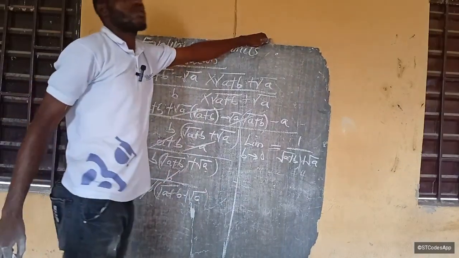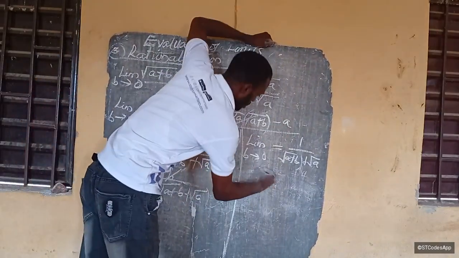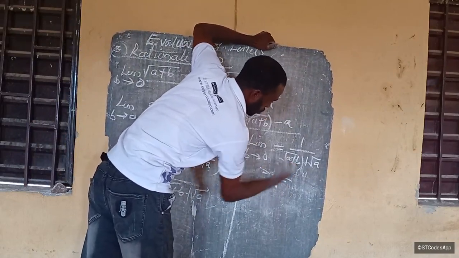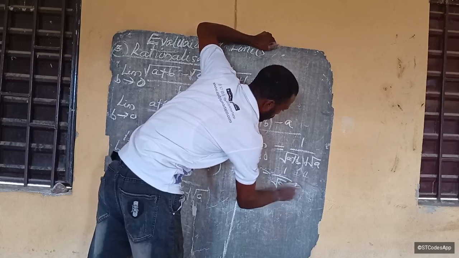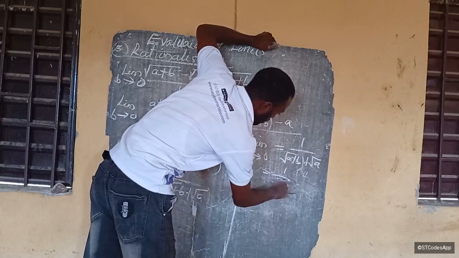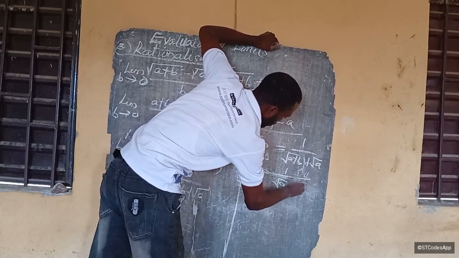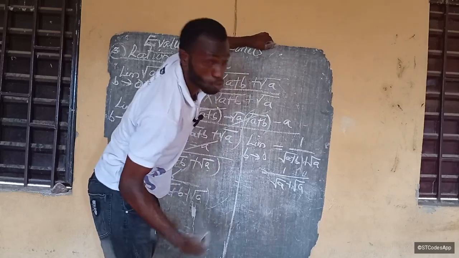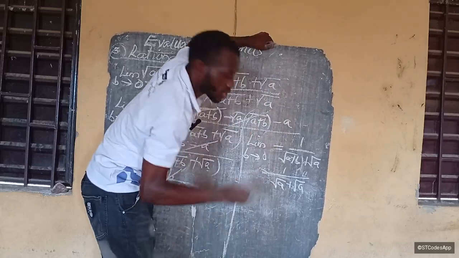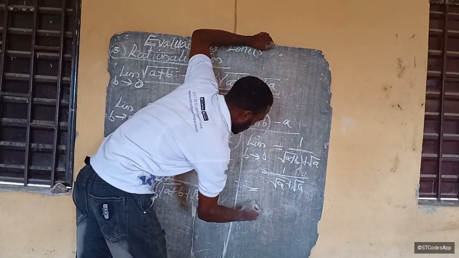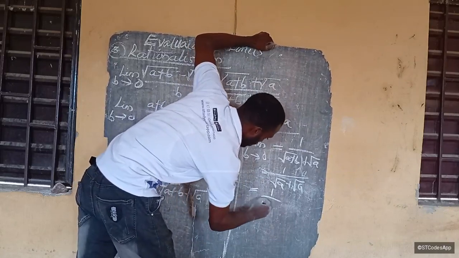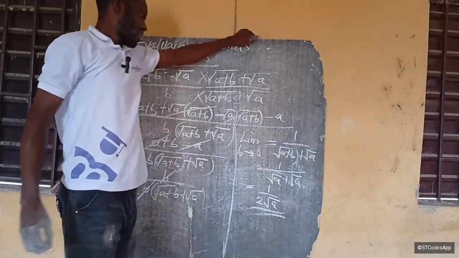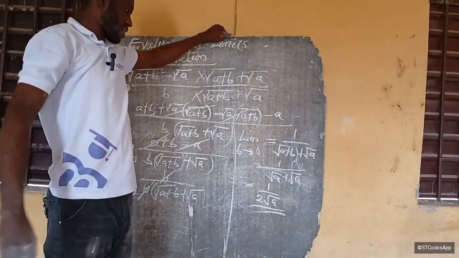So let's now make b equal to 0. If b equals 0, then our function becomes 1 over root of 0, which is 0, so we have only a left: root a plus root a. It's going to be what? 2 root a. We have 2 root a's. So it becomes 1 over 2 root a. And that is going to be the answer.